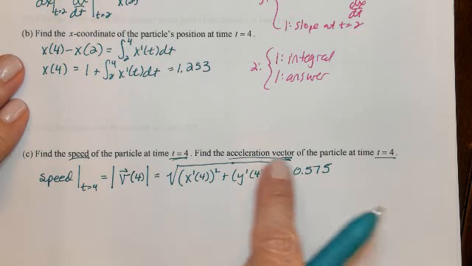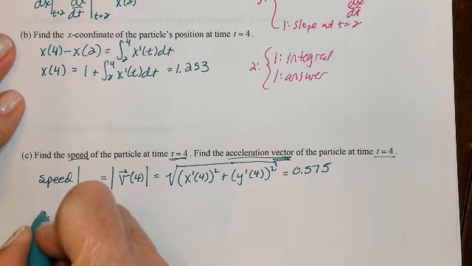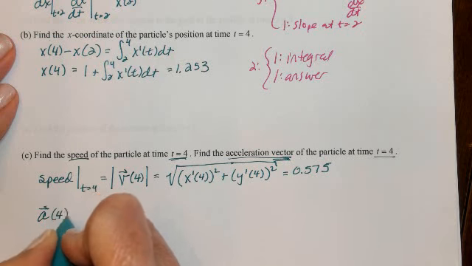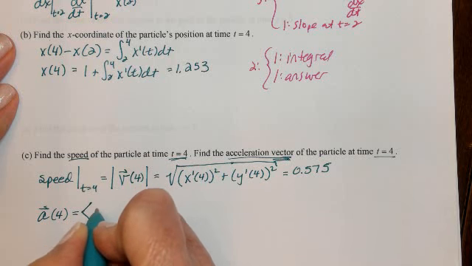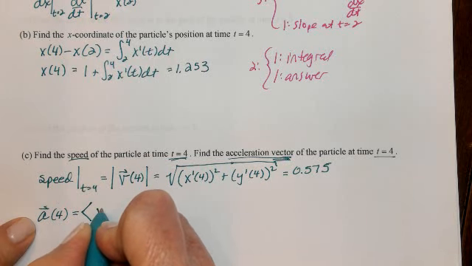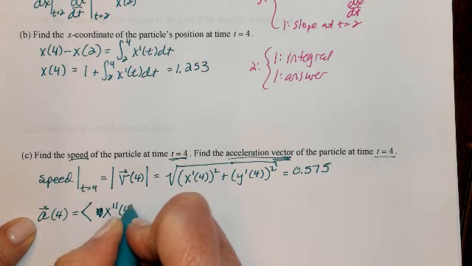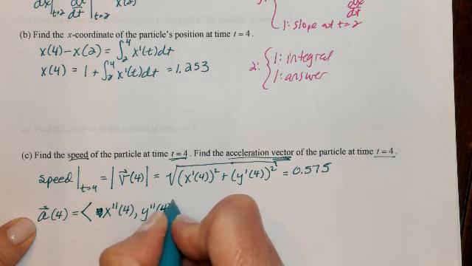And then the acceleration vector at time 4. For the acceleration vector at time 4, it's a vector, it's equal to the velocity vector, x double prime at time 4, y double prime at time 4, right?